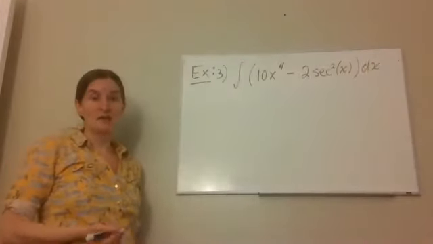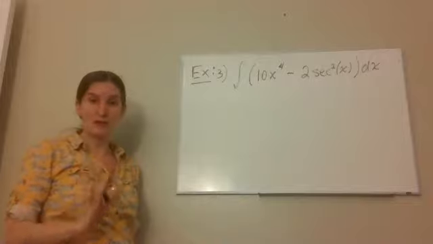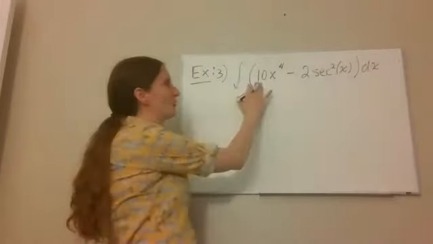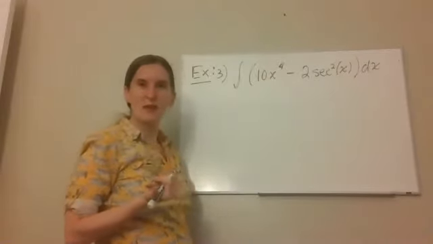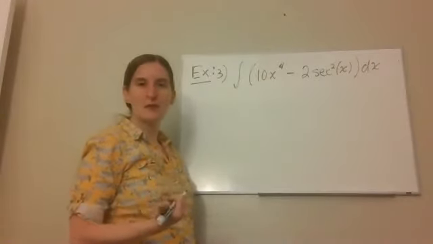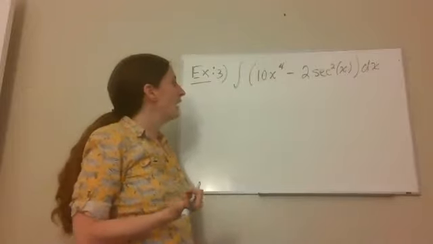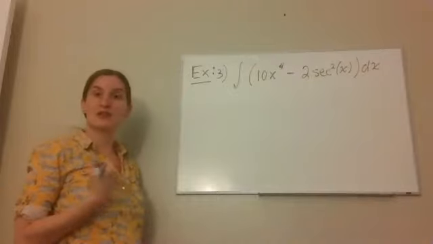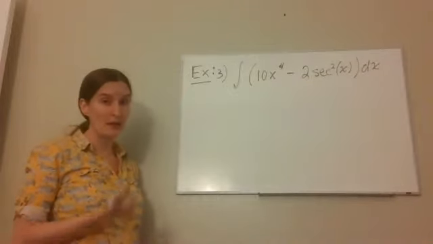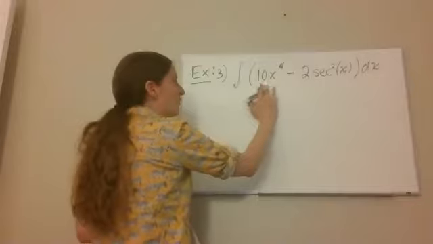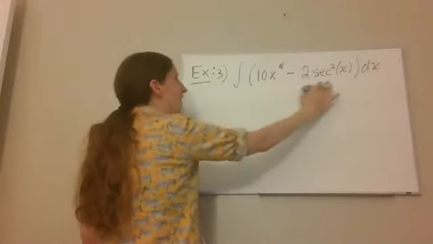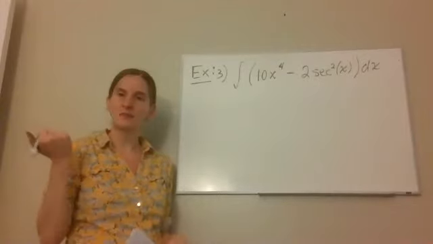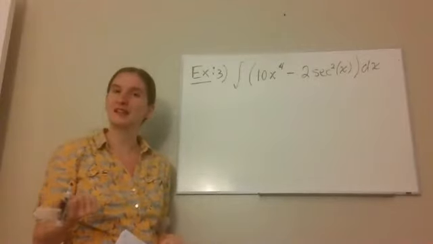Well, that one looks a little bit scary, but we don't have to worry too much. Just like with derivatives, having numbers multiplied in the front doesn't really matter that much for antiderivatives. Those numbers just get to stay. And adding and subtracting in between, we can just take the antiderivative of each piece and still be okay. So I'm going to use that power rule on this first guy. And on the second guy, I have to try to remember what trig function has a derivative equal to a secant squared.